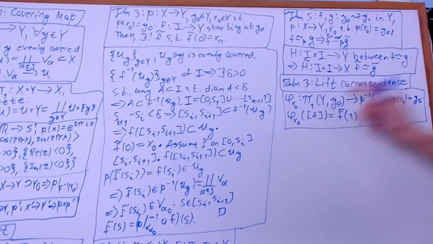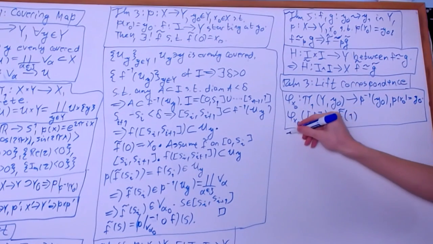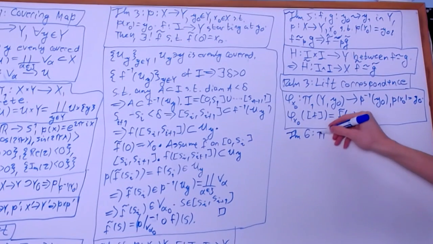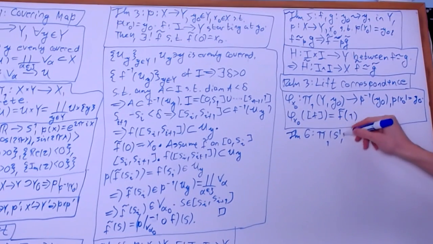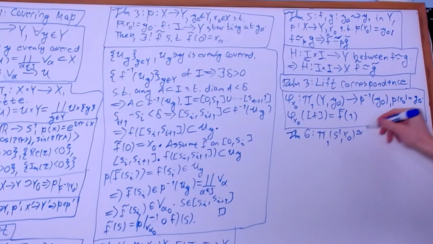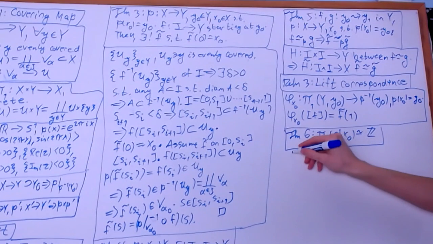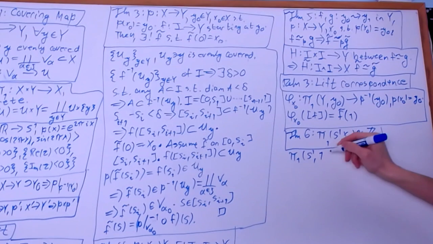So we're going to use this map, and I think you can see where it's going, to prove the fundamental group of the circle at any point x0 is isomorphic to the additive group of the integers. Let's go ahead and first calculate the fundamental group of S1 at the point 1.